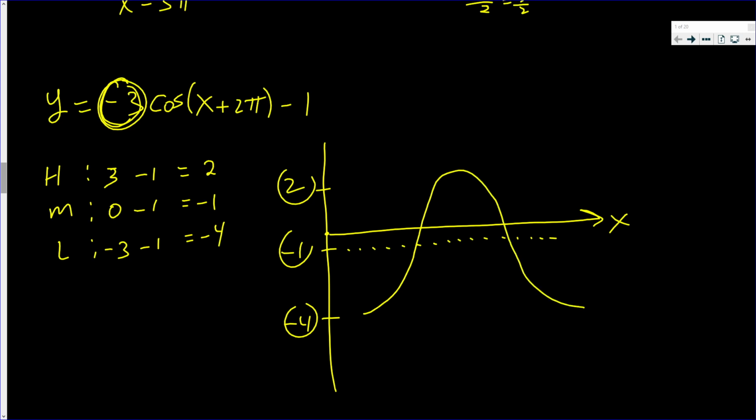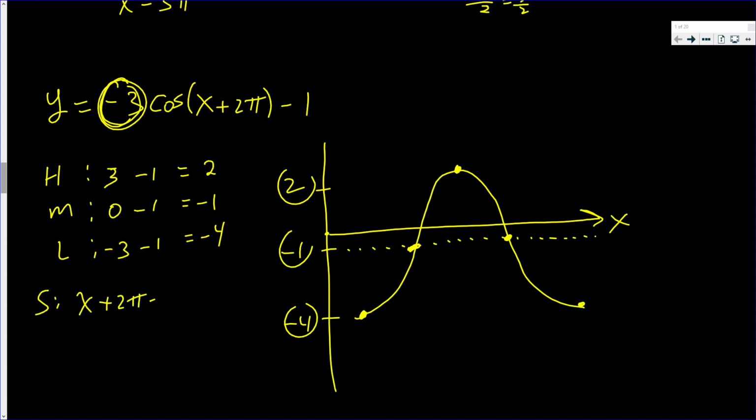So we're going to want to know this value, this value, this value, and this value, the x values. We know the y values. They're already listed.